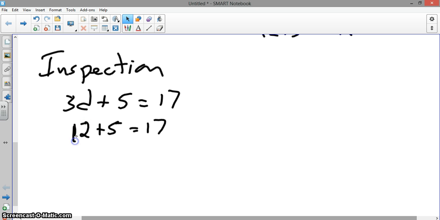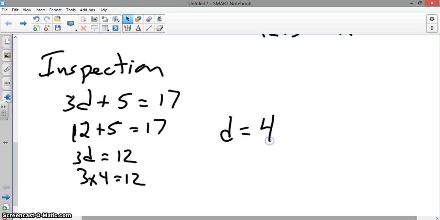So now 12 plus 5 is 17, good. And that means that 3d must equal 12. If 3d equals 12, then we need to find what 3 times what will get you 12. We know that 3 times 4 equals 12. So there we go. We've established that d equals 4 again, and this is just by inspection.